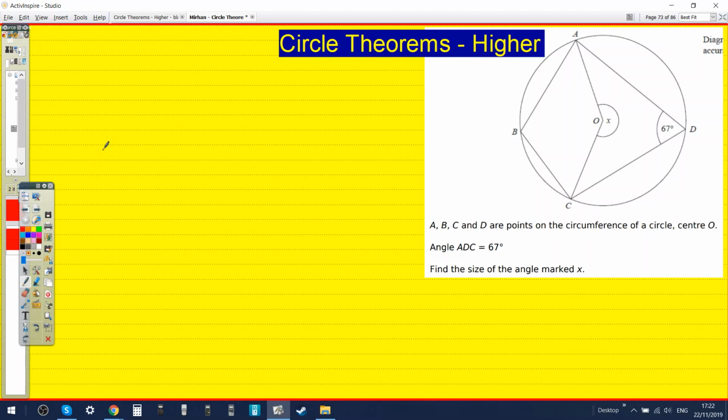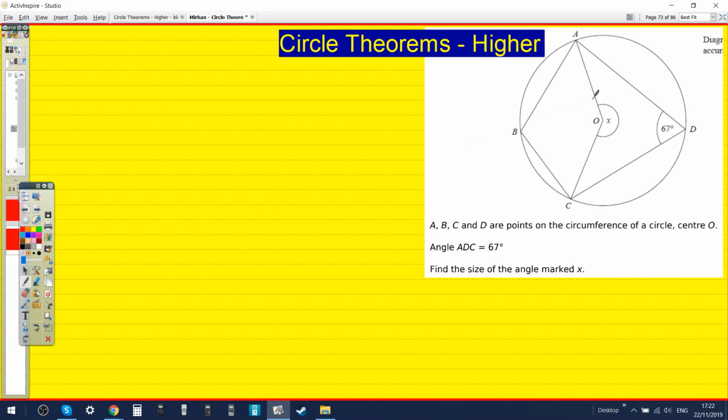Yes, okay, let's try this. Is X 360 minus 67? Not sure. What do you know about this angle? It's got to be equal to X. Actually, hang on.